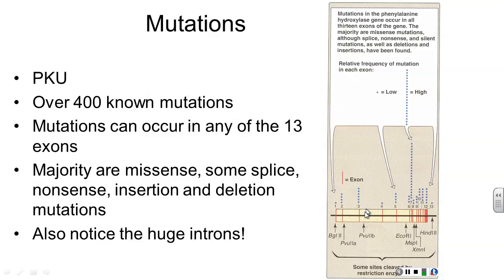And here's kind of a cool figure. It's a picture of what the phenylalanine hydroxylase gene looks like, and it's drawn relatively to scale. And this is really the first time we've, I think anyway, looked at a human gene in this class in terms of how it looks on a chromosome. And these little red slivers in there, those are actually the exons, which get joined together. And these sort of light yellow parts are actually the introns.